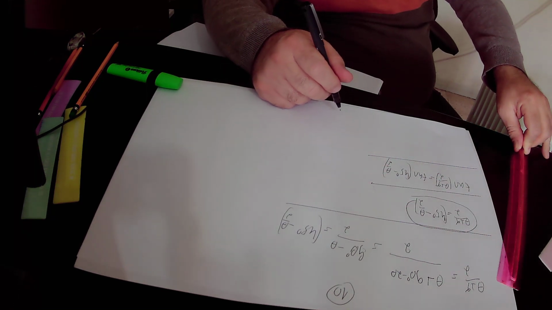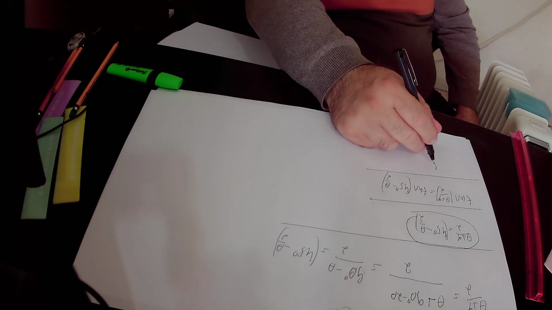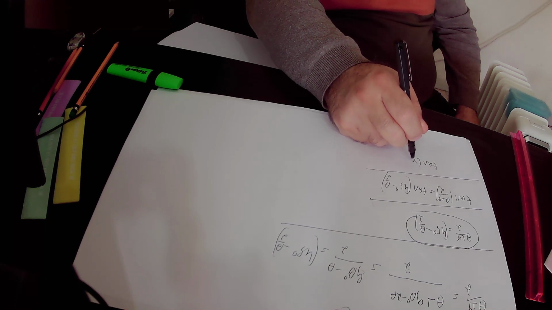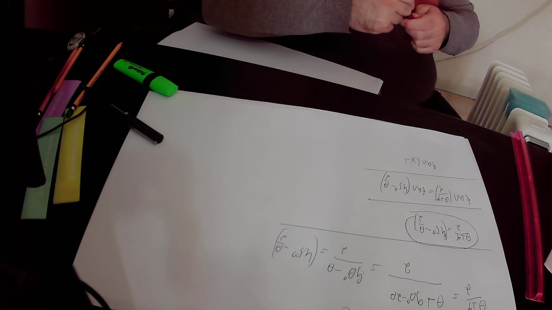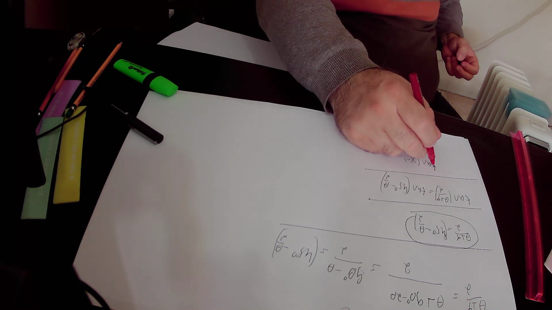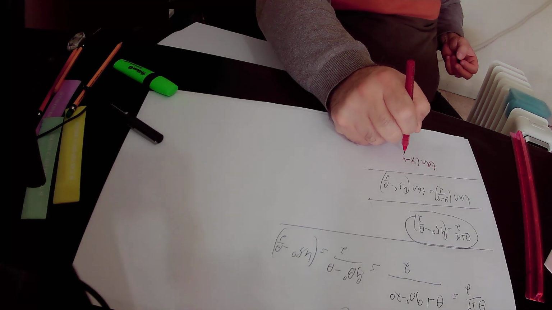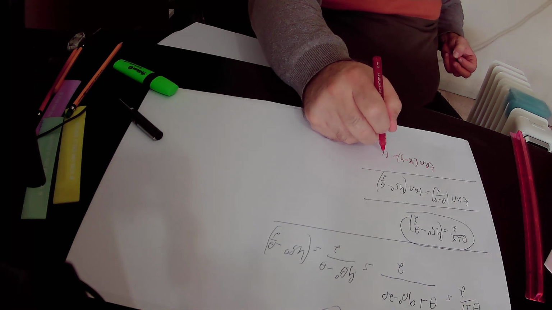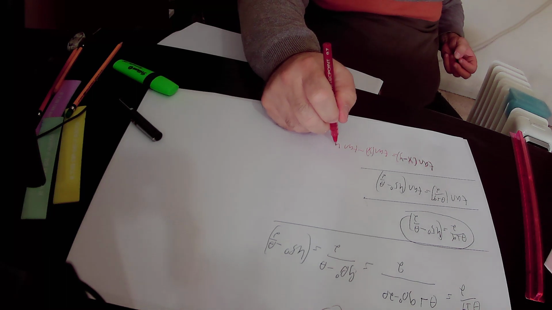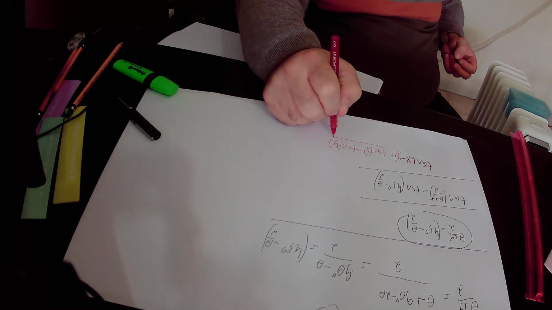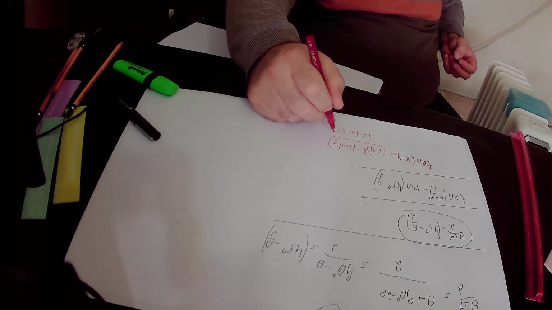And we have the trigonometric identity for tangent of x minus y, write it in the red color. This is the trigonometric identity that states that tangent of x minus y equals tangent x minus tangent y over 1 plus tangent x times tangent y.